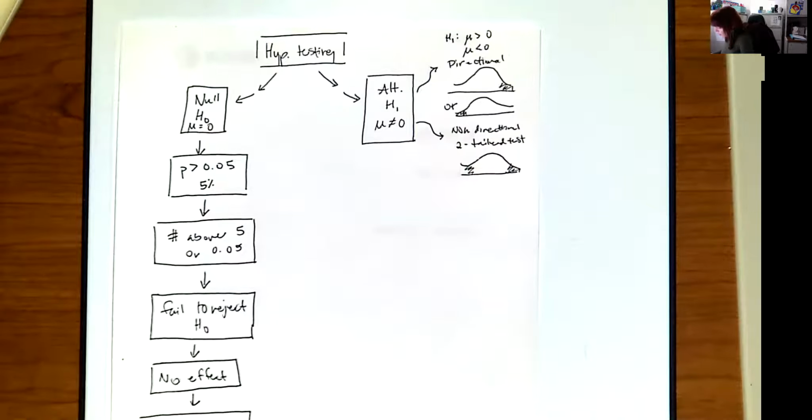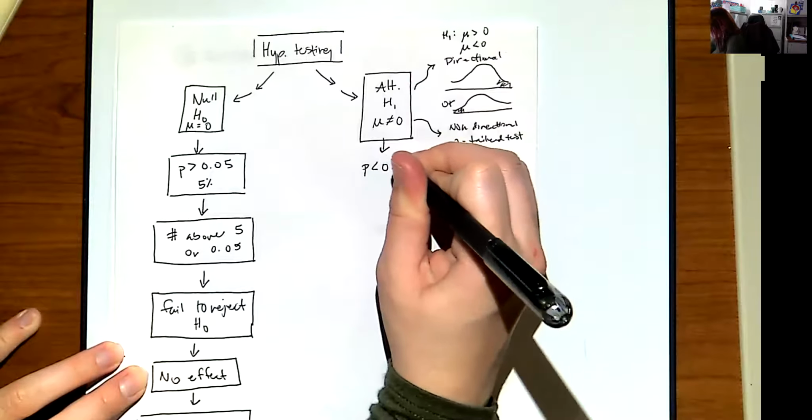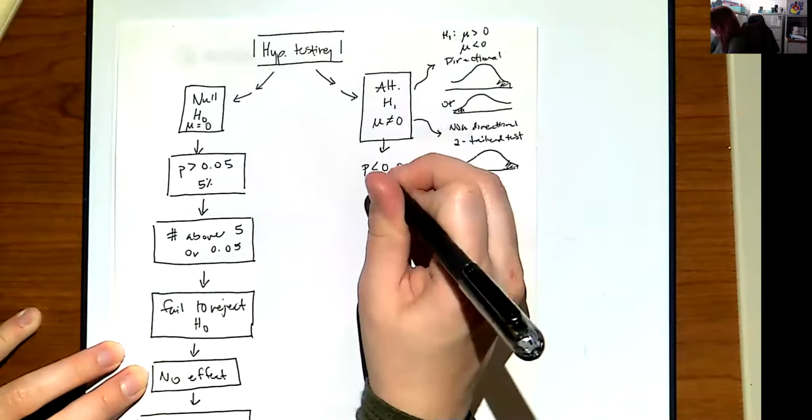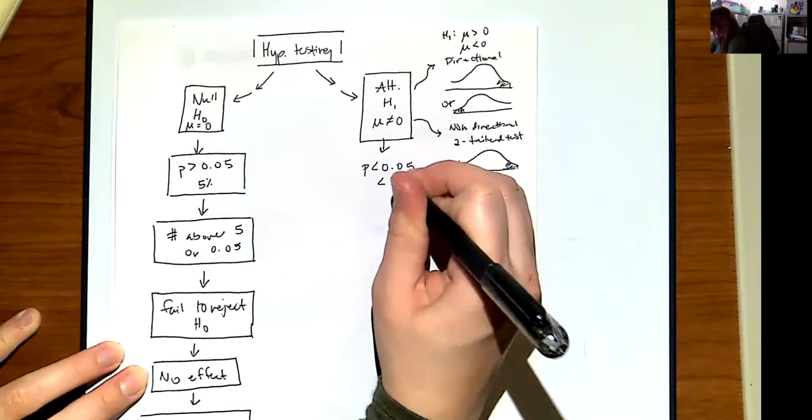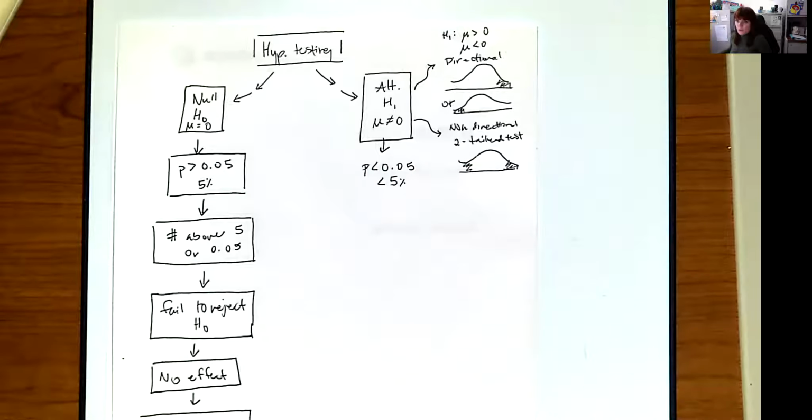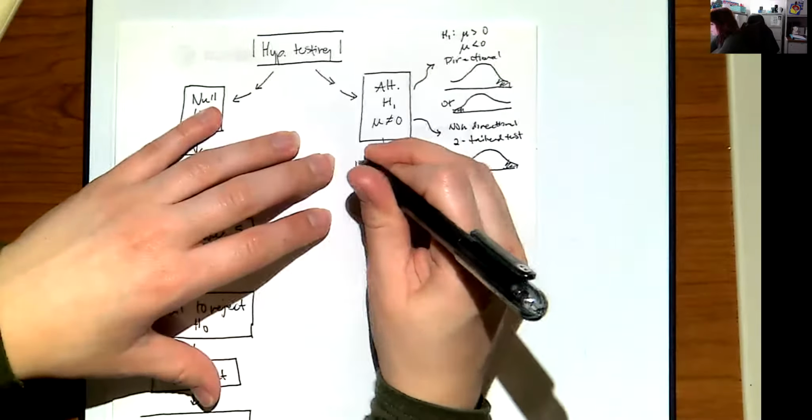So then, for our alternative hypothesis, we expect that p is less than 0.05. A lot of students ask me, well, where did this 0.05 come from? This is what is set by our field. If it is not by chance, then we would expect that it is less than 0.05. So what that means is that 95% of the curve is attributed to chance.